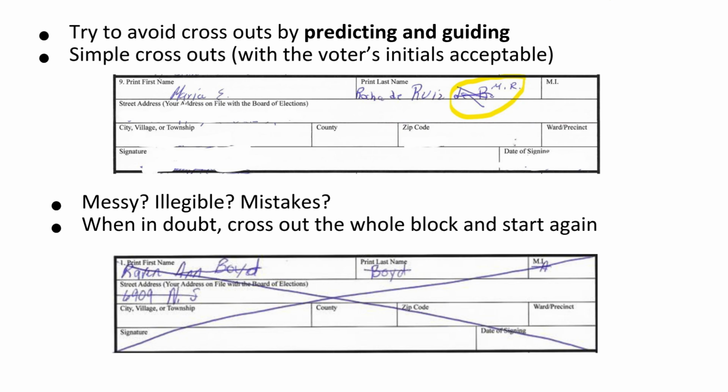And at that point, we're just going to start over. Okay, so we're going to put an X through the whole box, and it needs to be their legal name. The other thing she did is she wrote her middle name here, and it should have just been her middle initial. Okay, you can be picky on this, and you have to be picky on this, because otherwise it will be invalidated and it won't count anyway.